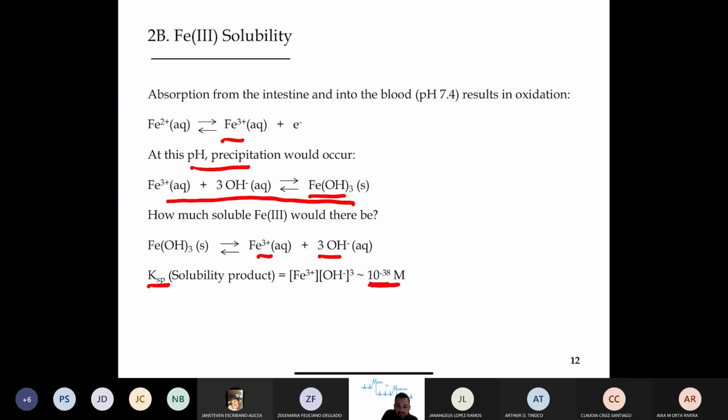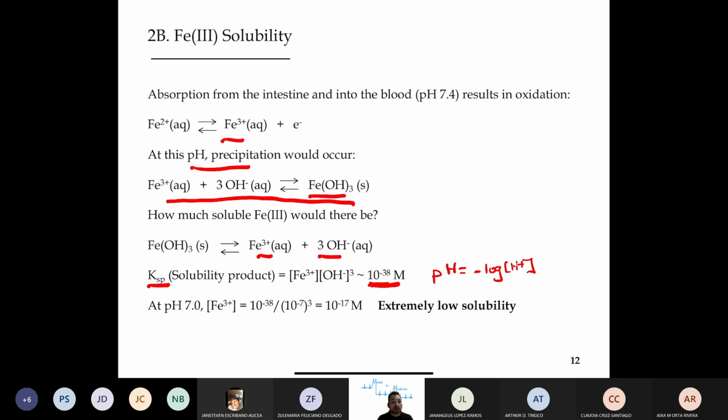So from this information, we can derive a relative concentration of iron. And how is that? Well, if we're focusing on a pH of 7.4, right, pH equals the negative log of the concentration of proton. Well, from this information, we can determine how much hydroxide is present, and from there we can determine how much iron is present.